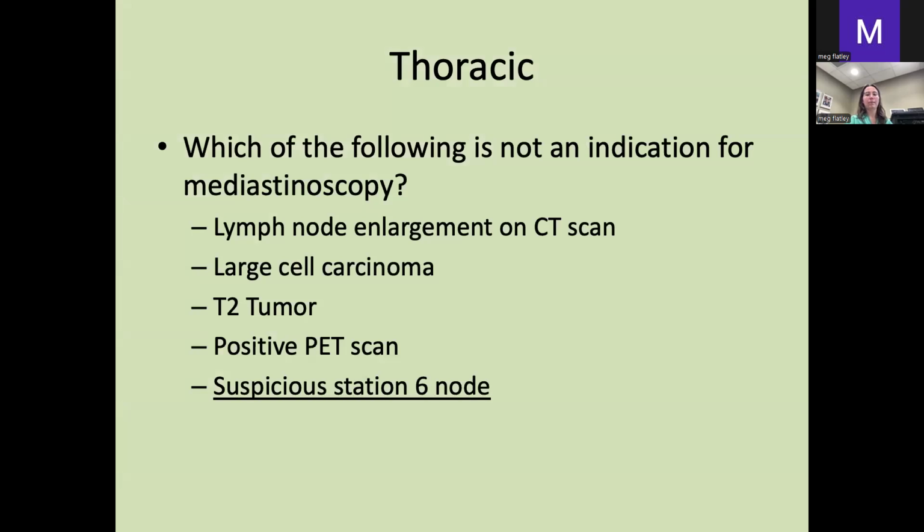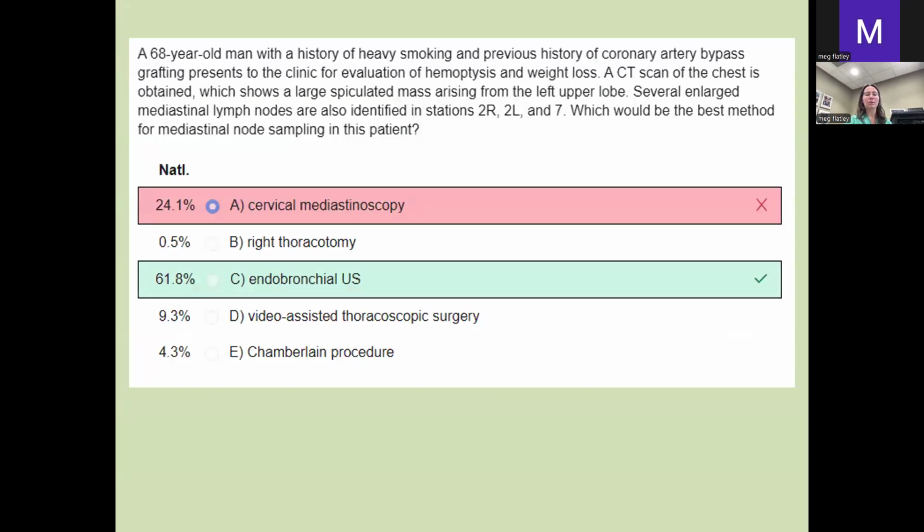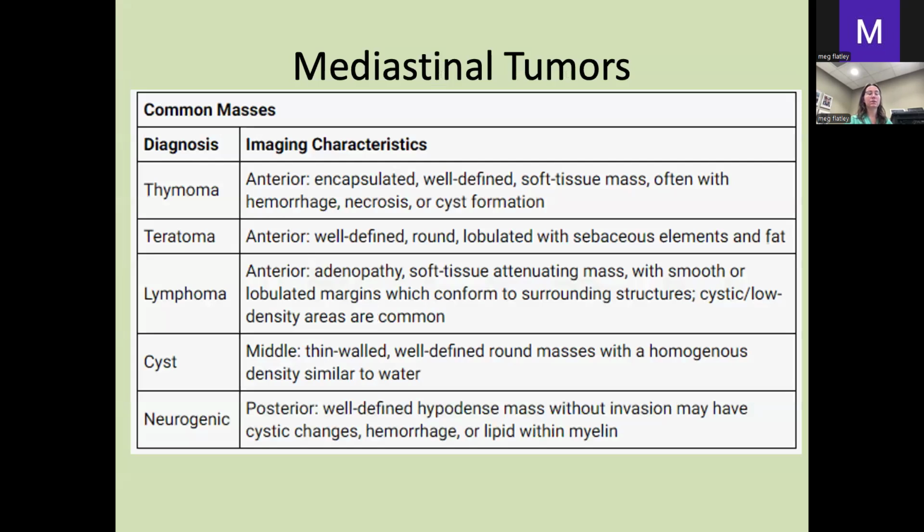Okay. And then, getting into some stuff that they always like to ask. So mediastinal tumors. In adults, what is the most common anterior mediastinal tumor? That's in kids. In kids, it's lymphoma. In adults, it's going to be a thymoma that is most common.